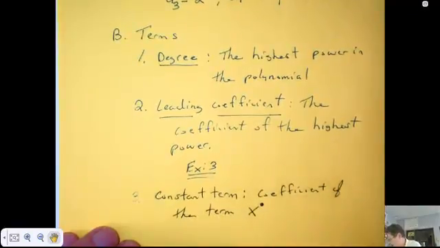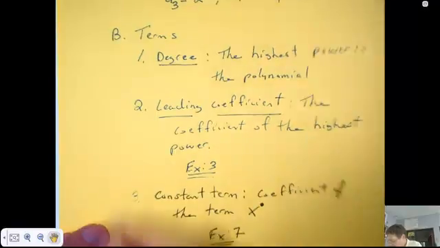Which we usually don't write on it, but it's that term. So in my example, what's the constant term? 7. It would be 7, right?